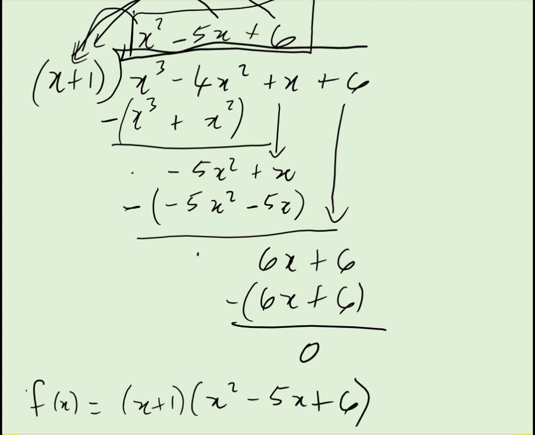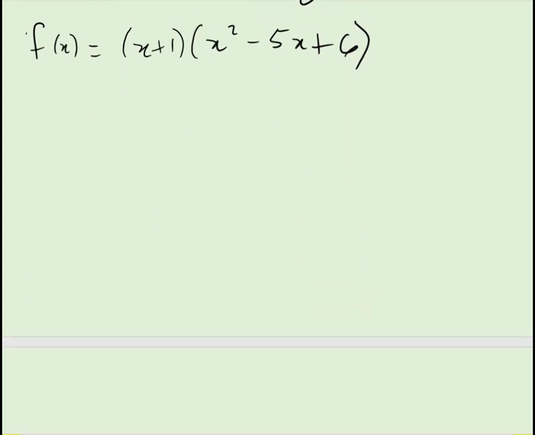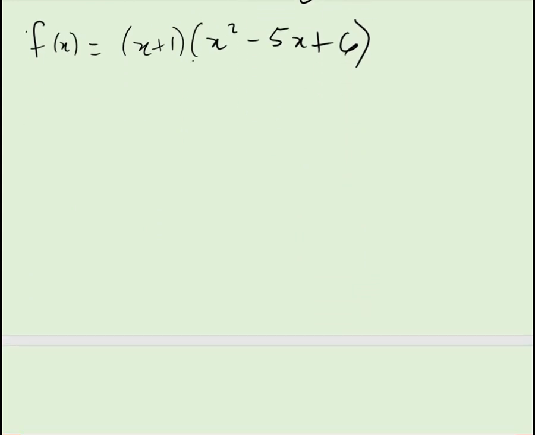So we're not done yet, because now we want to further factorize our quadratic over here. So let's see if we can do that. Well, x squared minus 5x plus 6 is equal to what? Well, the factors of 6 are 1 times 6 and 2 times 3, I suppose.